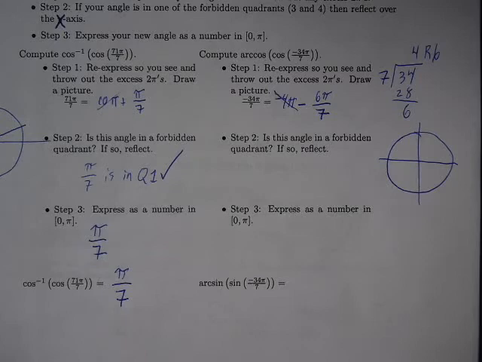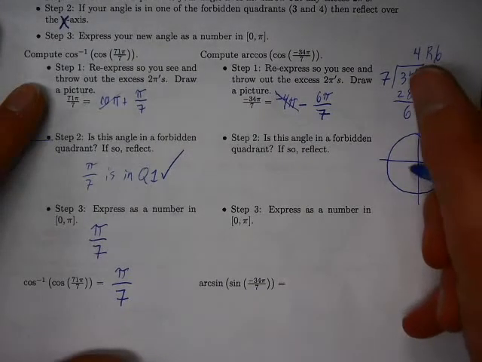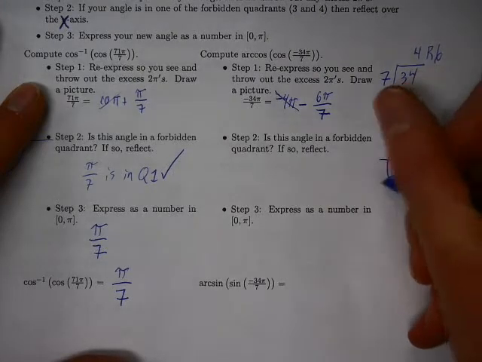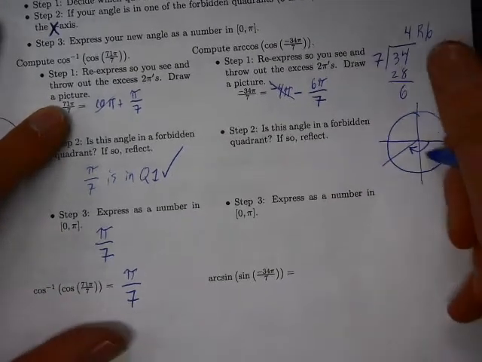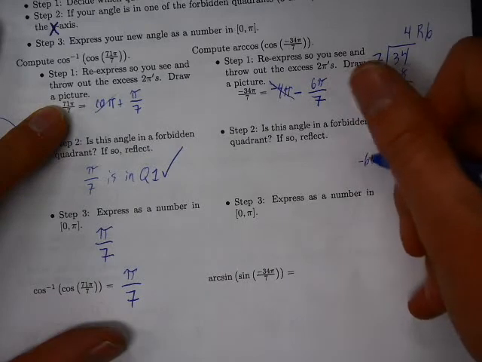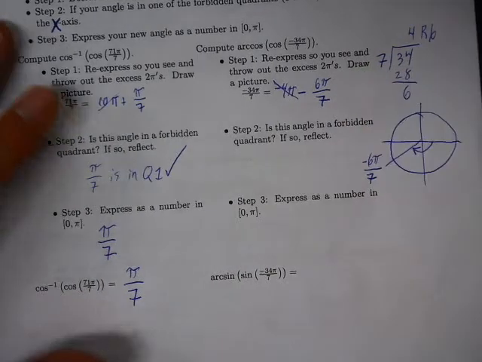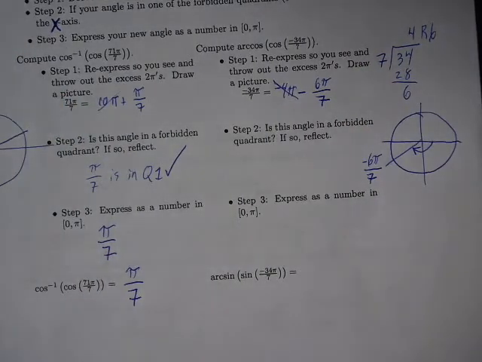So I'll go past the vertical line, but I don't go all the way to pi, so I don't get back to horizontal. So there's an angle of negative 6 pi over 7. Is that in an acceptable quadrant? No. So what should I do?